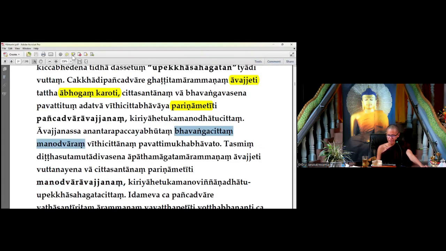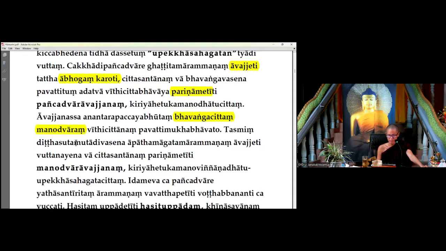It is the answer to what is a Manodvāra. He didn't say why it is called Manodvāra yet. What is a Manodvāra? Bhavanga Citta is a Manodvāra.